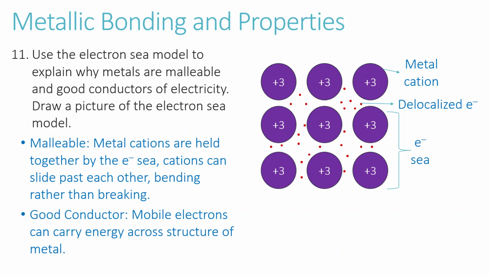If you hit the metal, these cations can just slide past each other without repelling. So when you hit a metal with a hammer, it bends rather than breaks. And electricity is just a flow of electrons. And in metals, we already have flowing electrons. So they're going to be good conductors of energy.